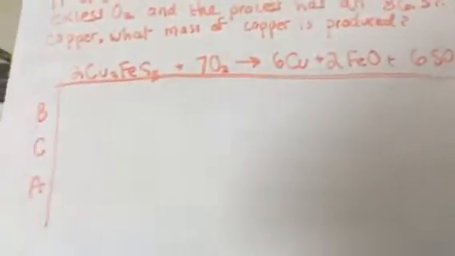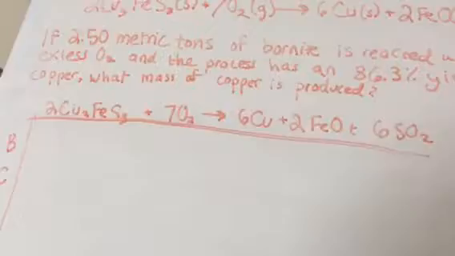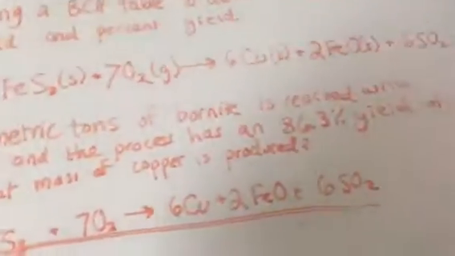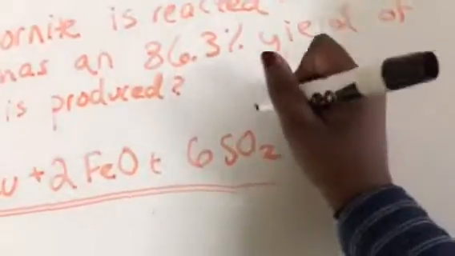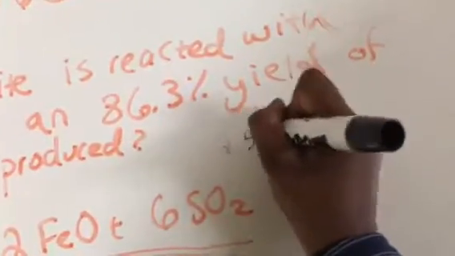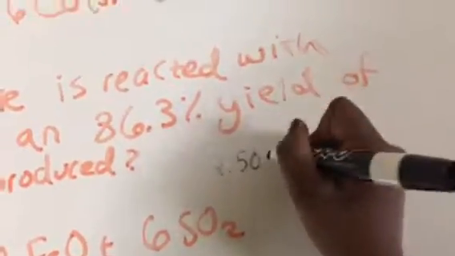Okay, but if we're going to use a BCA table, we have to convert our units to moles. So we have 2.50 metric tons. Don't have that much space, unfortunately, and this marker isn't very good.